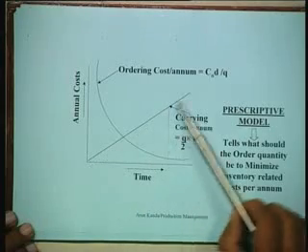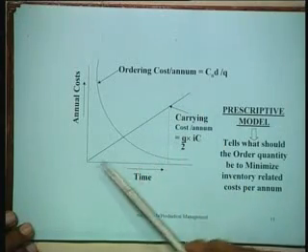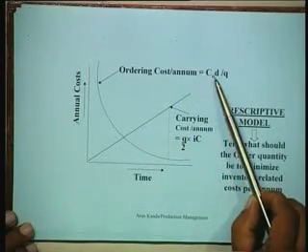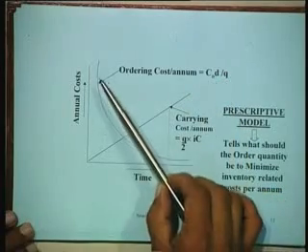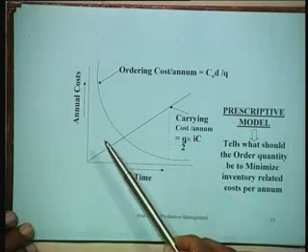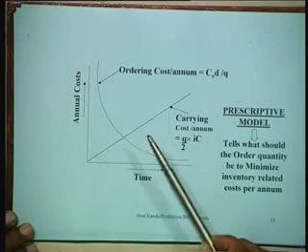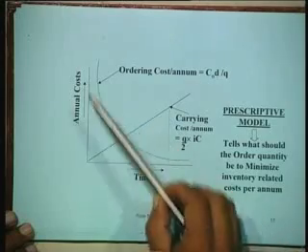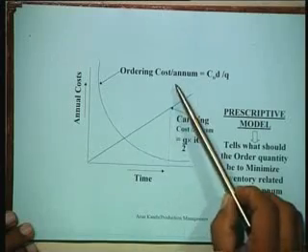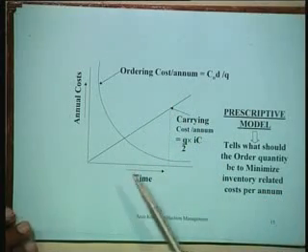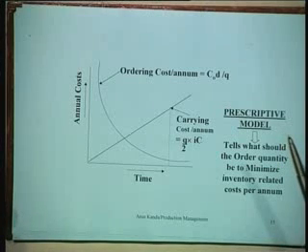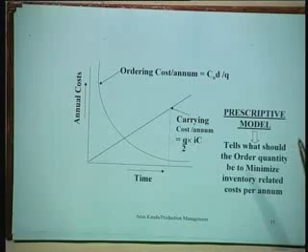So you have a straight line variation for the cost here, and the ordering cost per annum is C0D by Q. So this particular function would be something like this. So what really happens is that you have two conflicting cost parameters, one increasing, one decreasing at a different rate, and the total cost would be something of this nature, and the EOQ is the quantity which minimizes the total cost.